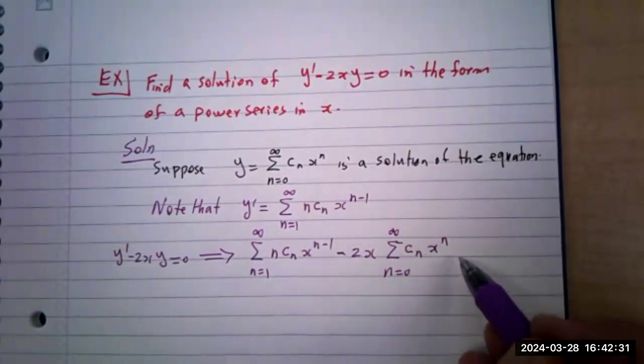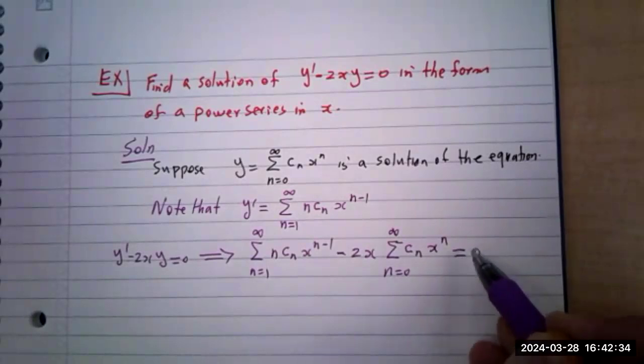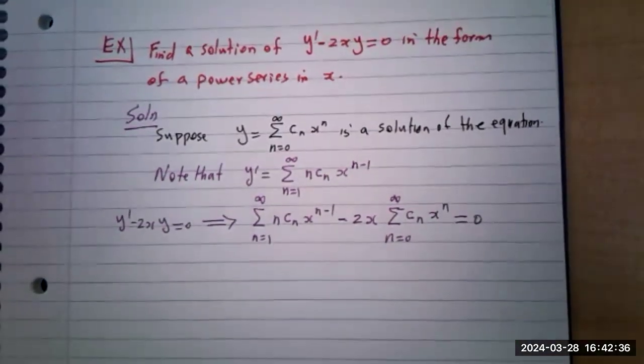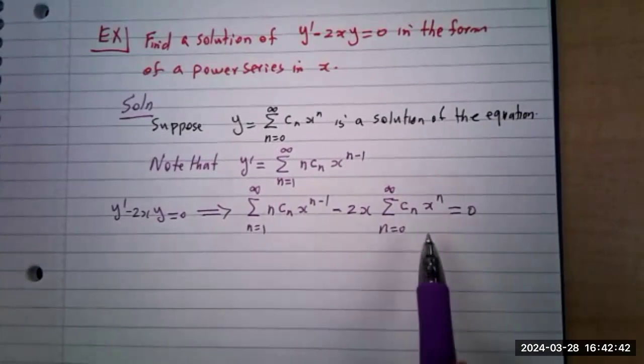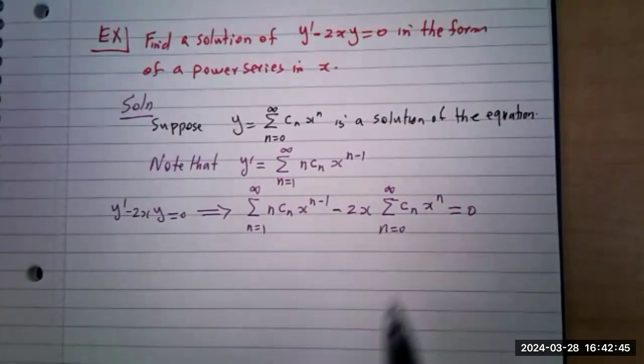And this is going to be equal to 0. Now you multiply the 2x inside, because you have to get the powers of x.